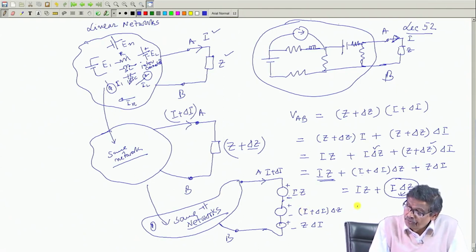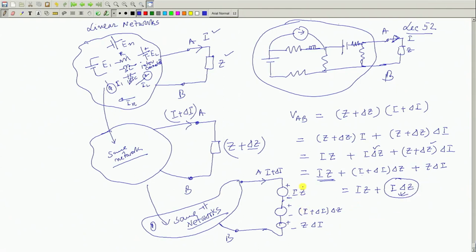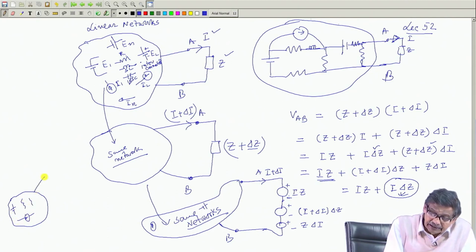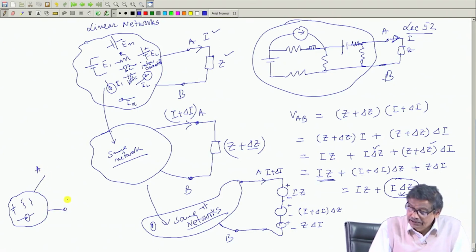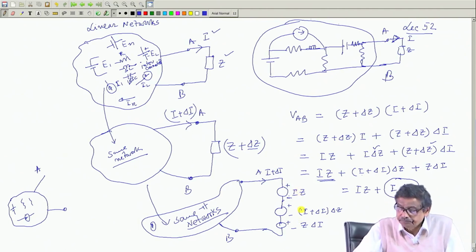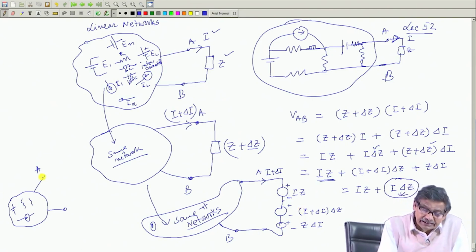So, let me redraw here so that you do not miss the point. What I am planning to do, inside the network let all the sources be present, do not disturb those impedances and sources. This is A, this is B. What I am telling, here these 3 sources are present, of which I will say only I z is present.